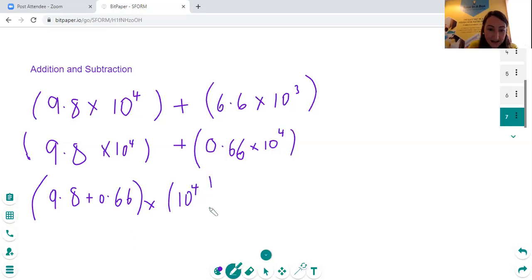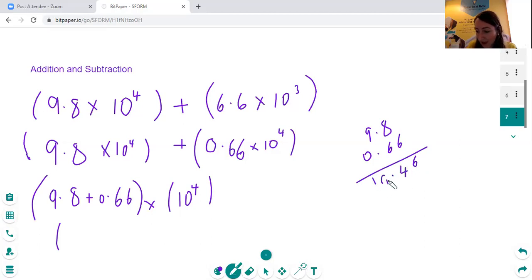So what we get here is then, if we do our 9.8 plus 0.66, we get 10.46 times 10 to the power of 4. And remember, this isn't yet in standard form, so we've got to do that one final step.